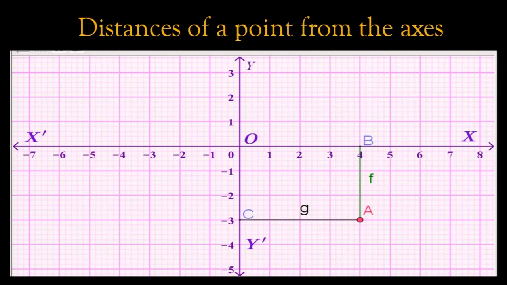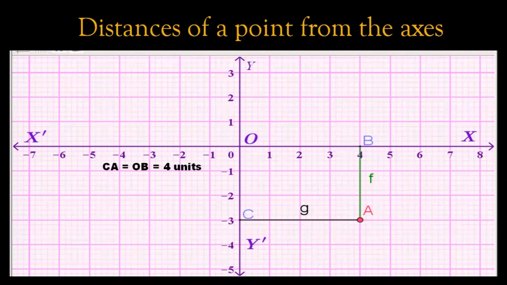Now you may count what is the distance of A from the x-axis and what is the distance of A from the y-axis. So the distance of A from the y-axis is AC. Distance means obviously perpendicular distance. From the figure, you may easily say that AC is equal to OB, and that is equal to 4 units.